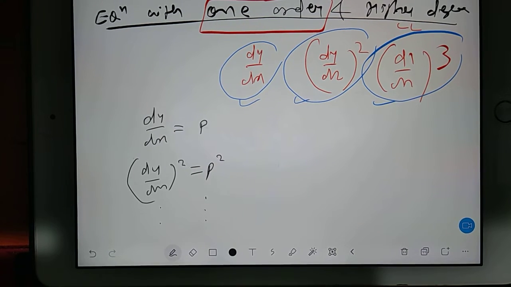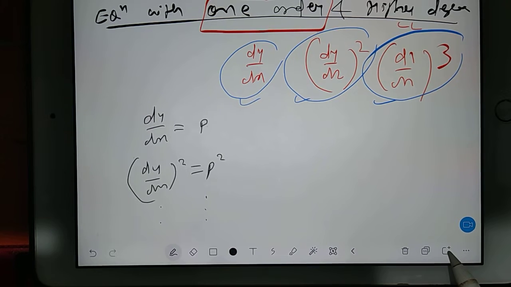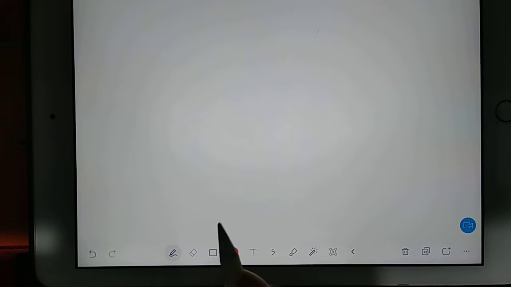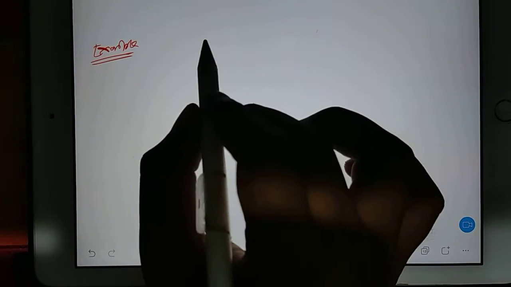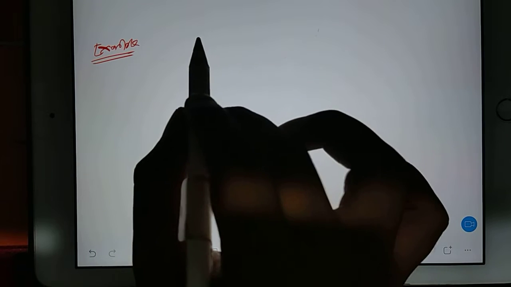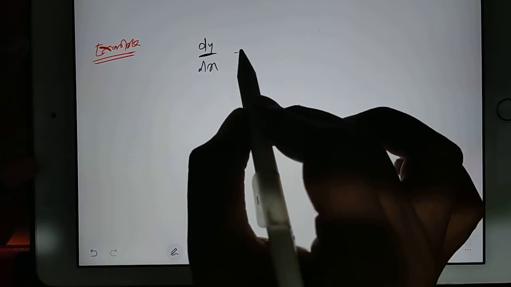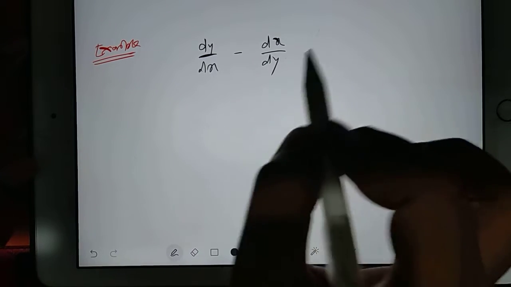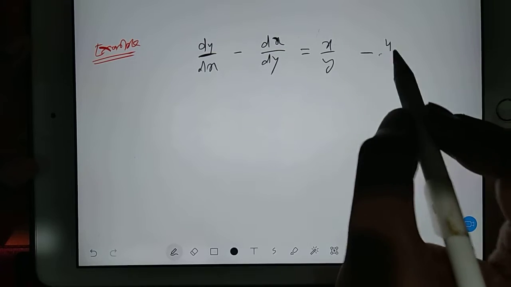One question I will take so that you can be comfortable. I will change the page. See here, suppose just an example. These kind of questions are actually tricky and very easy. dy by dx minus dx by dy is equal to x by y minus y by x.